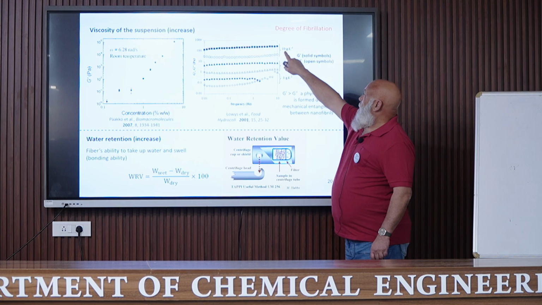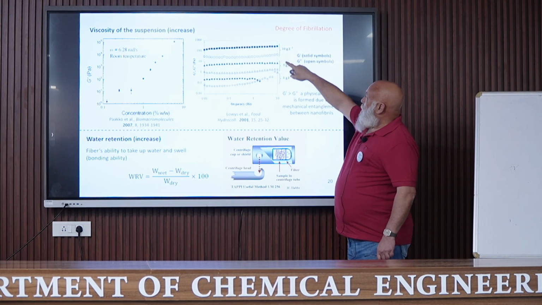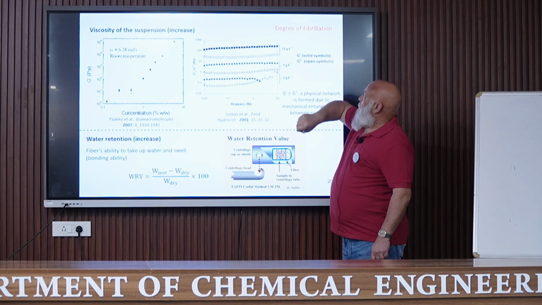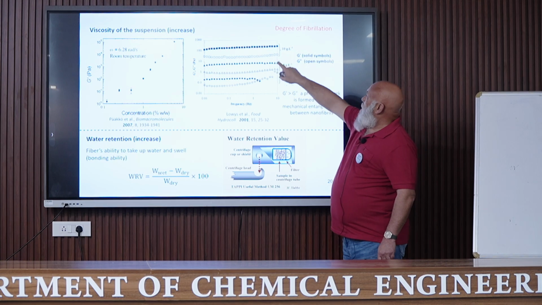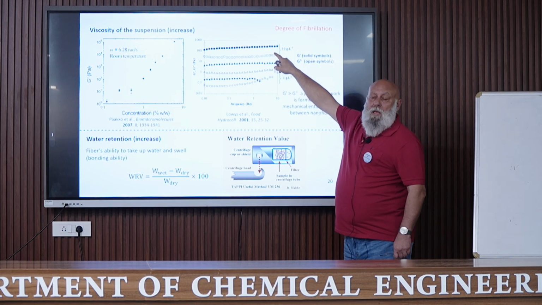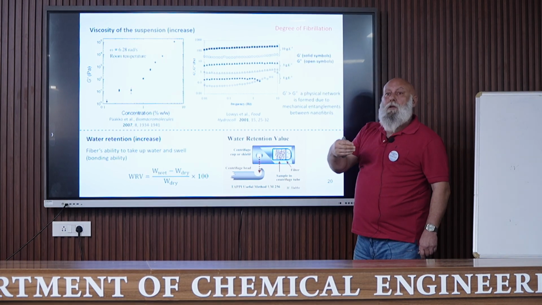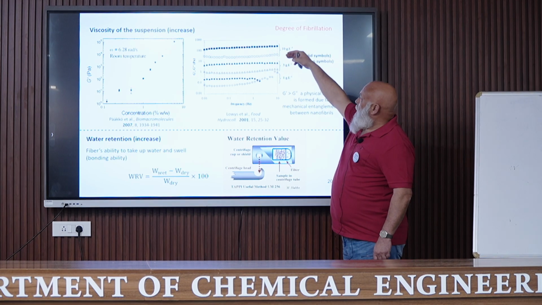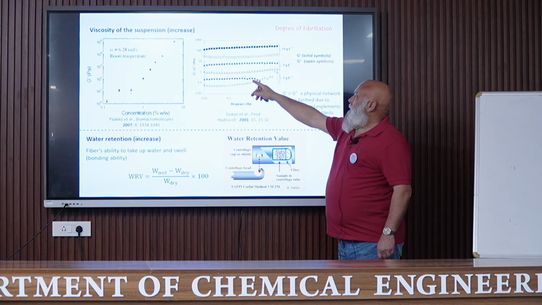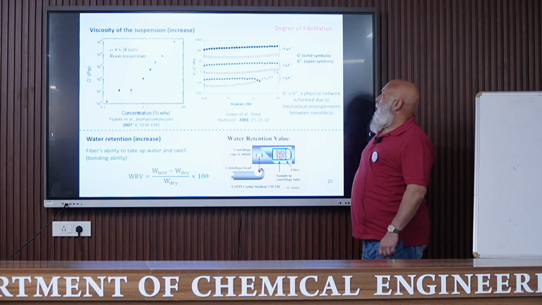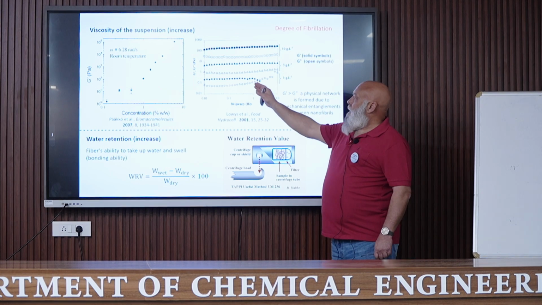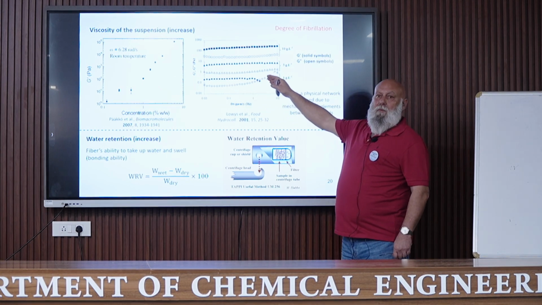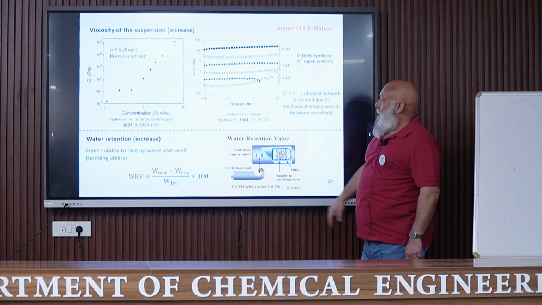So here for different concentrations, we can see that for the highest concentration, G prime is higher, meaning that it is a gel, it's not a liquid. When decreasing the concentration, depending on the frequency of the measurement, we can have a gel or we can have a viscous liquid.